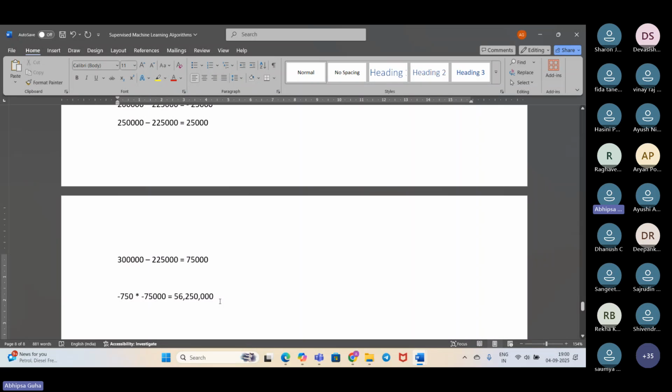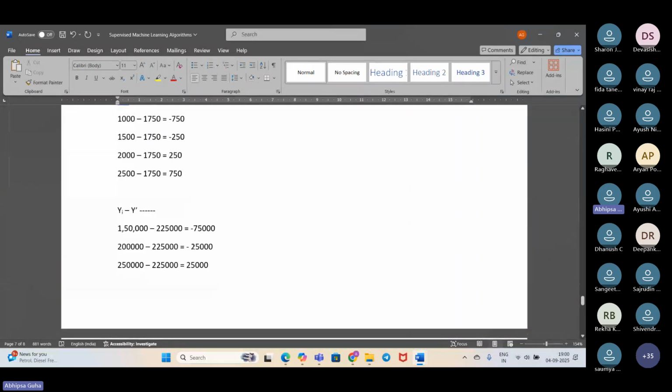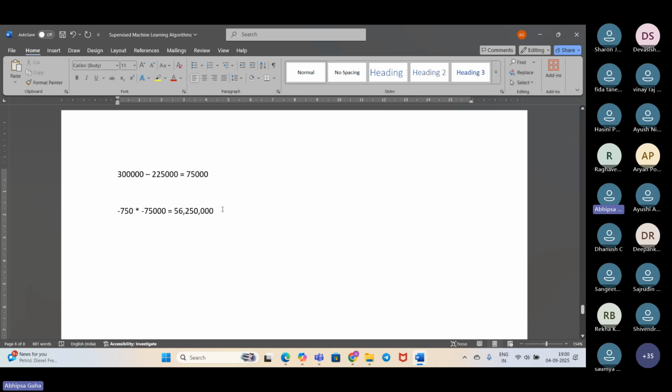So similarly, we'll be doing for the next step. So you can understand what we are doing. We are doing 2500 into 2500, that is 25 into 25, that is 625. And there are 4 zeros. And minus minus, we are getting positive, that is 6,250,000. 4 zeros would be there, right?